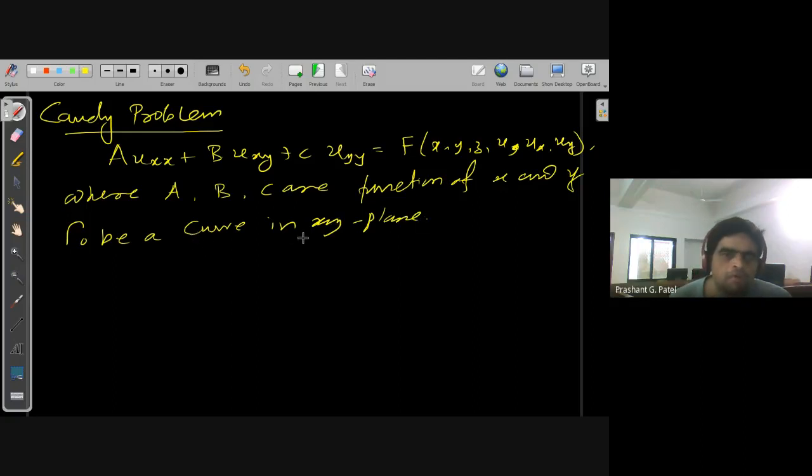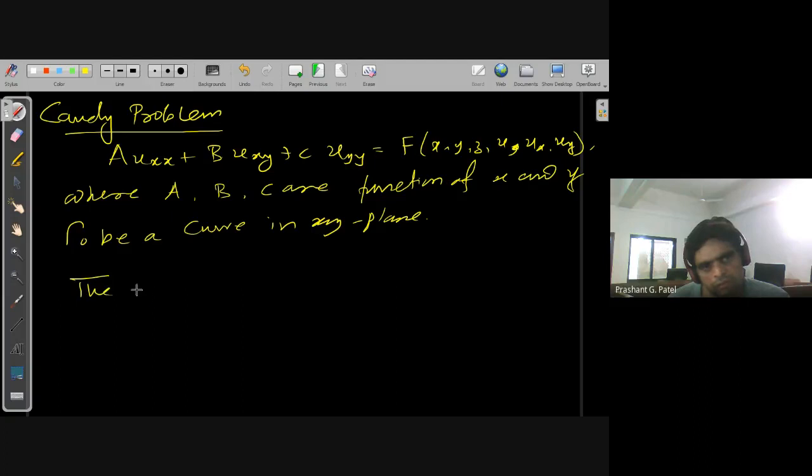Then the problem of finding u of x, y, the solution of this partial differential equation in the neighborhood of gamma 0, is known as a Cauchy problem.